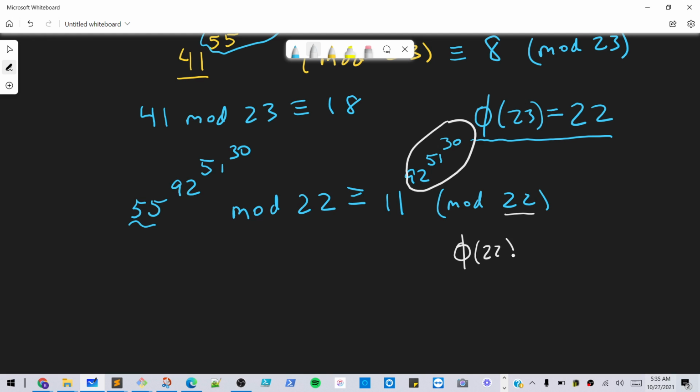22. But 22 is not prime. So what we can do is use the formula. 22, by the way, is 2 times 11. So you can take 22, we have a factor of 2, and we have a factor of 11.